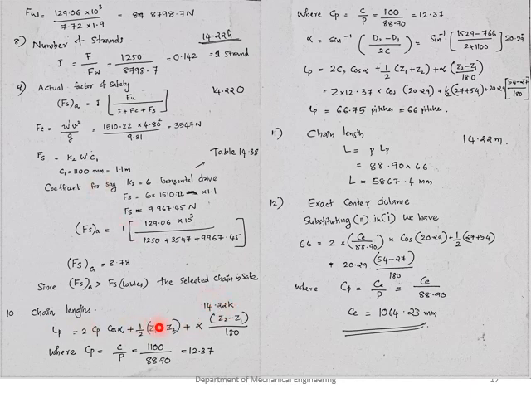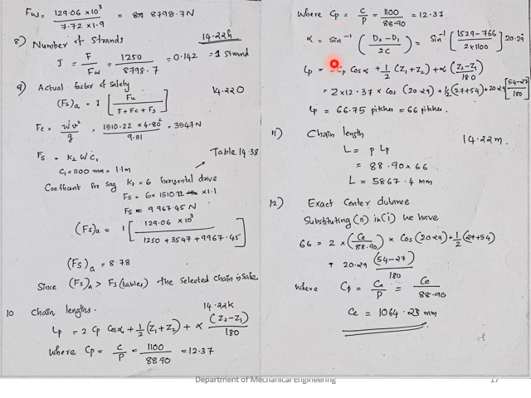Lp is equal to 2Cp cos alpha plus half (Z1 plus Z2) plus alpha into (Z2 minus Z1) by 180. This is very similar to the belt drive equation. For that, the Cp value and alpha value you have to calculate. Cp value is C by P, and the alpha value is sin inverse of (D2 minus D1) by 2C. All parameters are known, so substitute those values and find alpha and Cp.